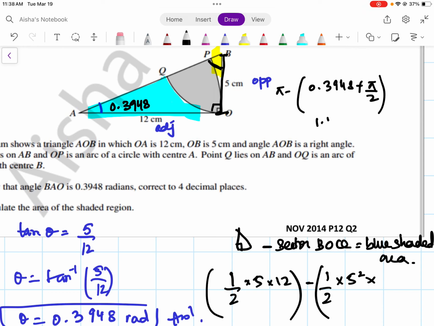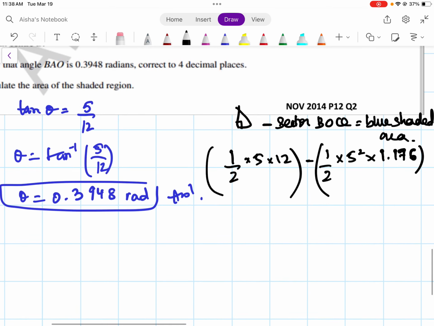It is 1.176. So this is 1.176 into 14.7, which gives you 15.3 as my blue shaded area.